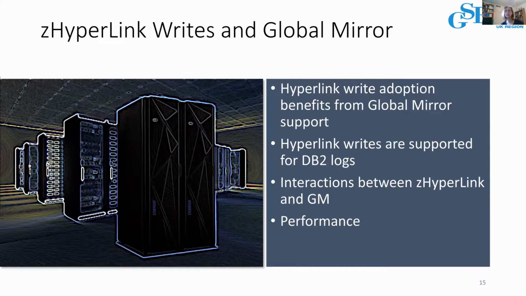We've tuned that so that even with needing the dedicated resources for that consistency group forming, we are able to still have 90% or better synchronous rate with the Hyperlink.